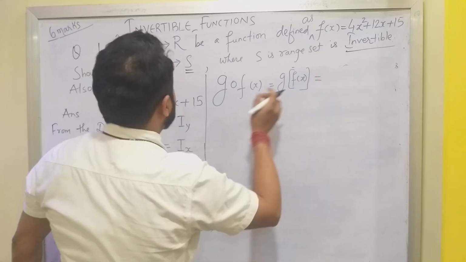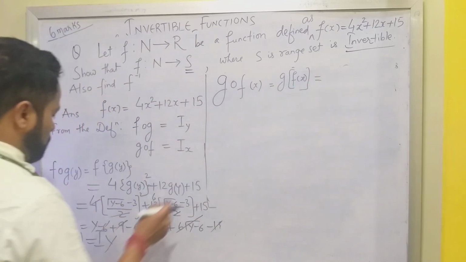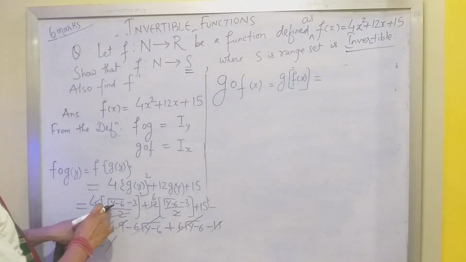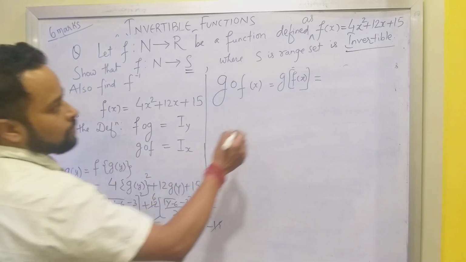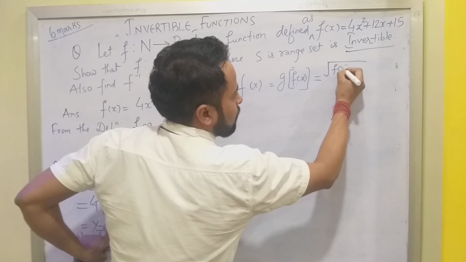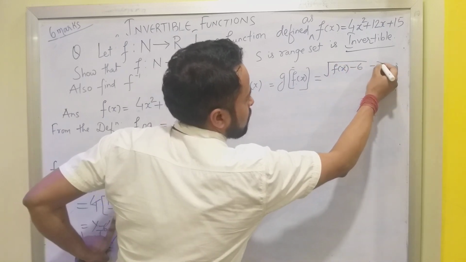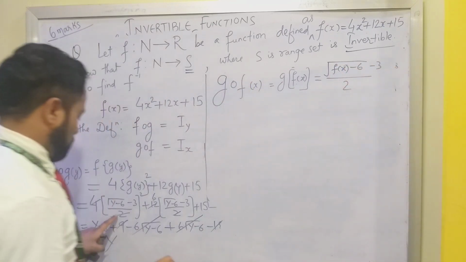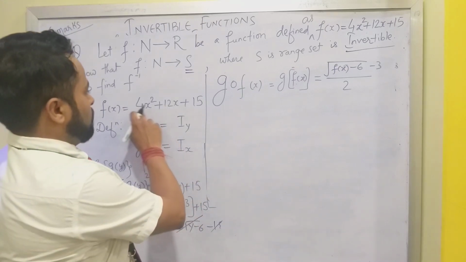And what is g of y? g of y is root over y minus 6 minus 3 by 2. In place of y you write f of x: root over f of x minus 6 minus 3 by 2. What is f of x? This one.